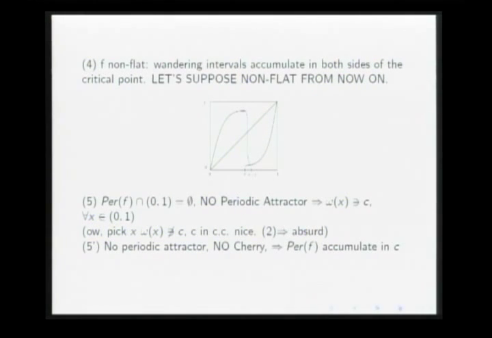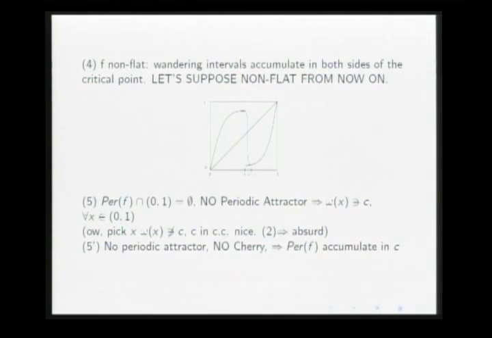Because otherwise, suppose you have a wandering interval accumulating here at C, and the other iterates are accumulating at another point, distant from C. This space here you can use to modify your function, C2, and we know that C2 non-flat maps do not have wandering intervals, so this cannot happen. If you have a wandering interval, it has to accumulate from both sides, okay?